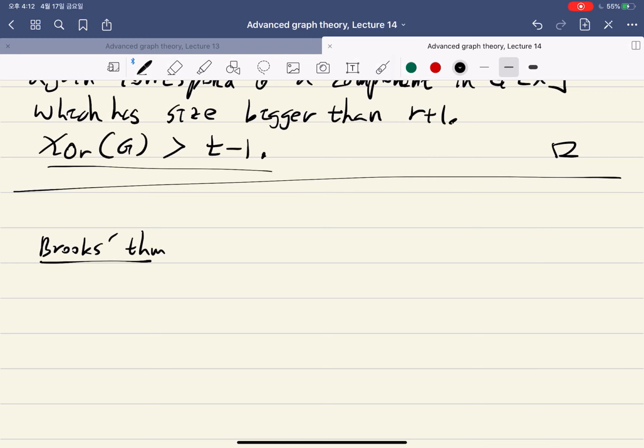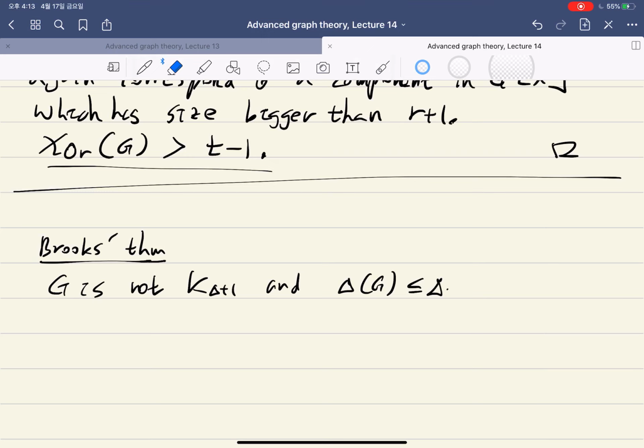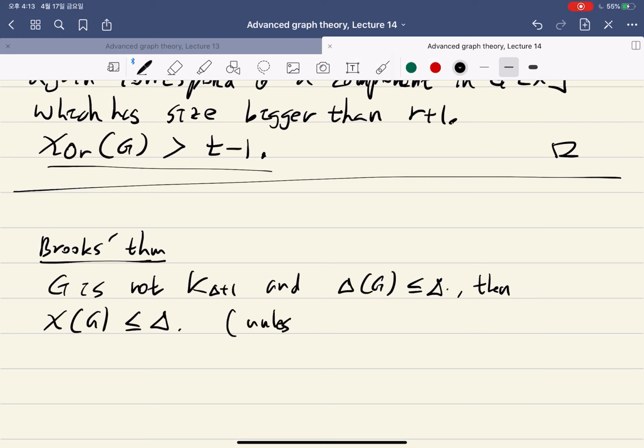So it essentially says that when the maximum degree of G is at most delta, so if G is not K sub delta plus 1, then its chromatic number is at most delta, unless G is an odd cycle.